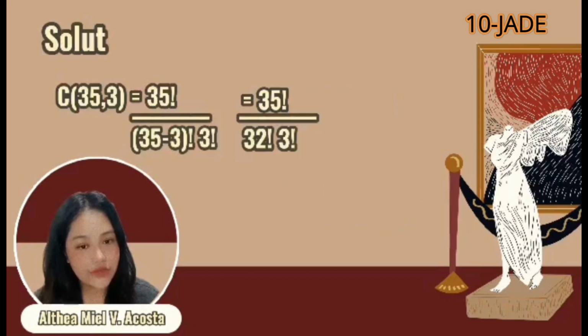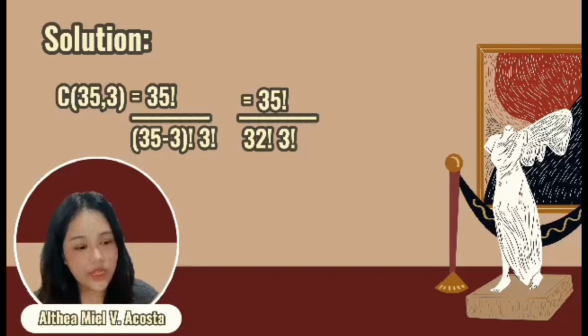Then substitute the values, then perform the operation inside the parentheses. (35 minus 3) factorial, so we have 32 factorial. Then expand the factorial of 35, then we use the cancellation method. So the 32 factorial in both numerator and denominator is cancelled out.